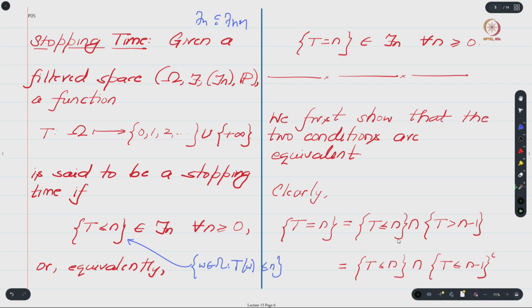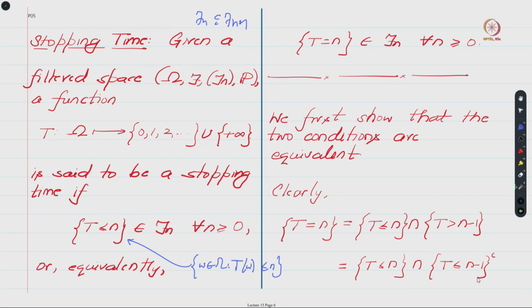I am just carefully writing the event T equals n in this way: it should be less than or equal to n and it should be strictly bigger than n minus 1, and only then T will equal n. Now this event over here can be written as a complement of T less than or equal to n minus 1.